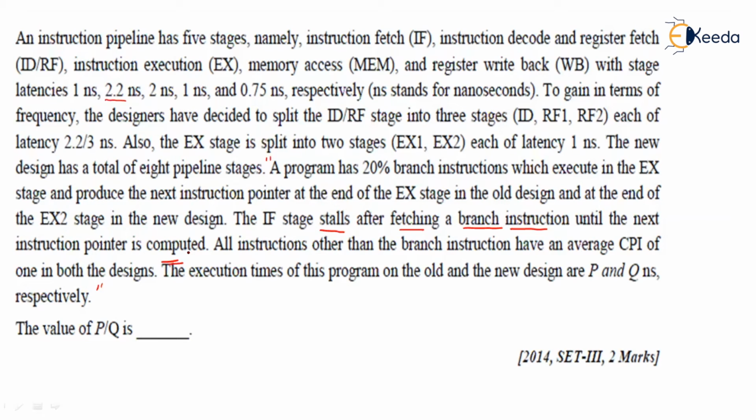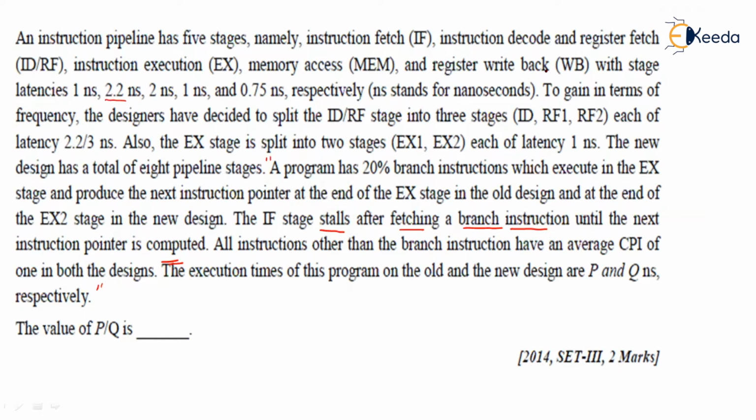The detail regarding the stall cycle is that the IF stage stalls after fetching a branch instruction until the next instruction pointer is computed. We need to wait till the next instruction pointer is computed.